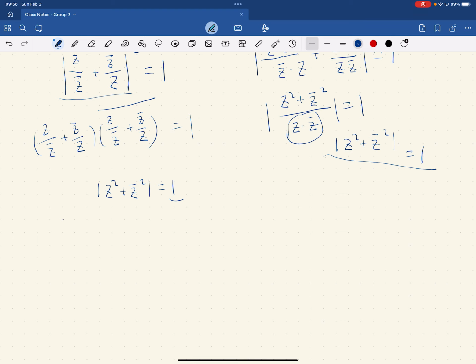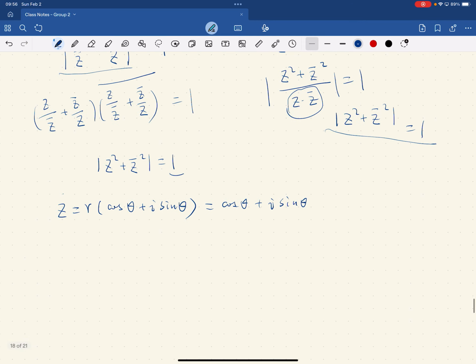If z is not 0, then we have a trig representation of it. We can write it this way because it's not 0. And now R is 1, so it's just simply cosine theta plus i sine theta. So we can go with z squared.